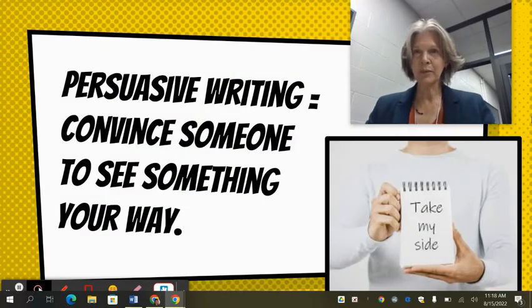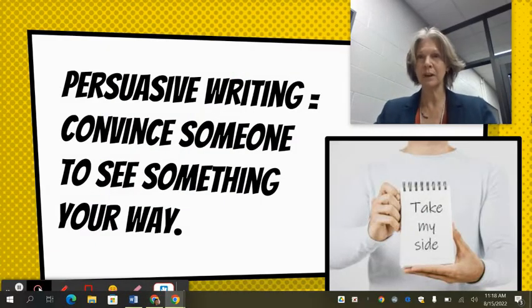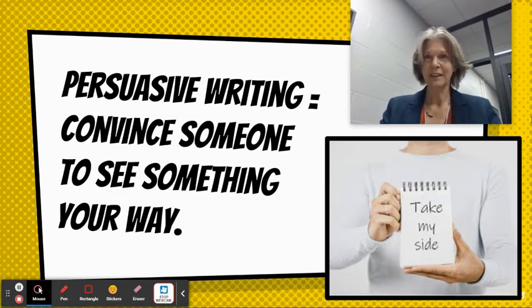The final type of writing we'll talk about is persuasive writing. This is where you try to convince someone to see something your way. For instance, you might try to convince someone that a pet dog is a better choice than a pet cat. You also might try to convince them that living in Alaska is a better choice than living in Florida.